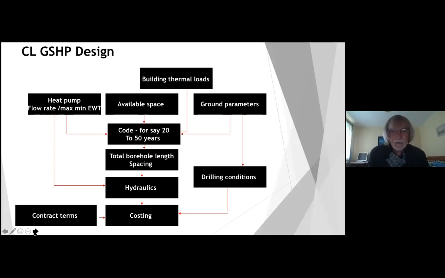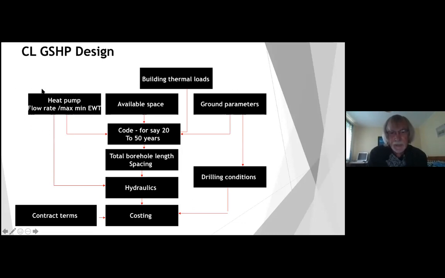Now, Chris took you through last week in his design exercise all of the other issues that go around coming up with a design for a closed-loop system. And I'm just talking today about this tiny part down here called hydraulics. So I've taken on board all the significant points that Chris has made, but I am just going to focus on this.